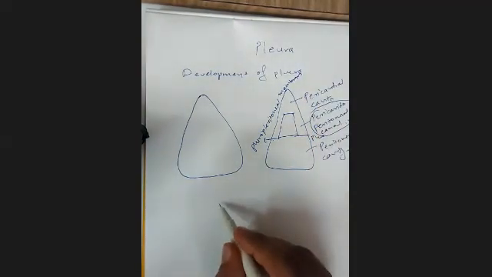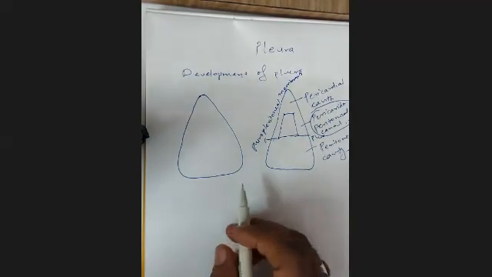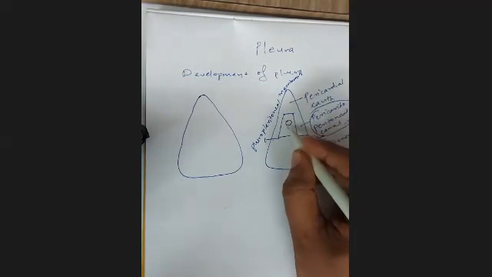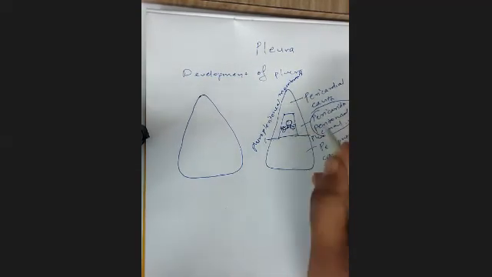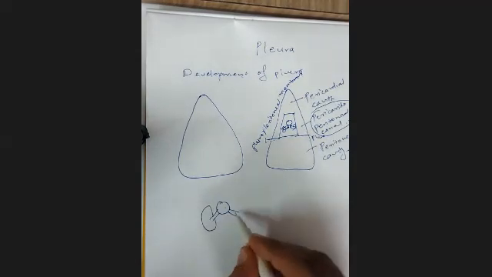Now, as we have discussed, the lungs develop from the foregut. From the foregut there is a laryngotracheal diverticulum, and then there are two lung buds. So now the trachea divides, and the two lung buds develop.